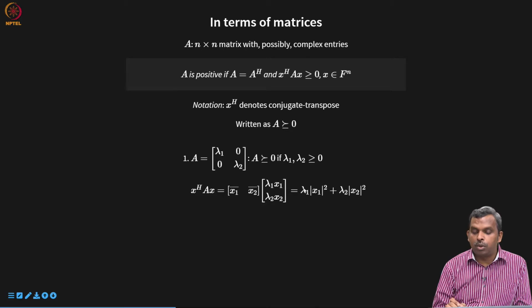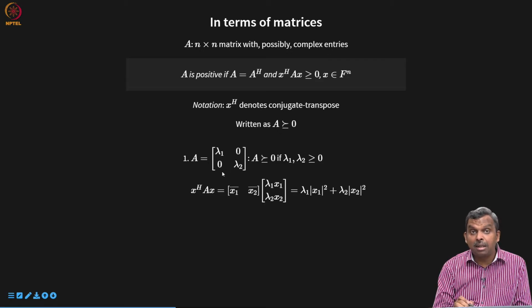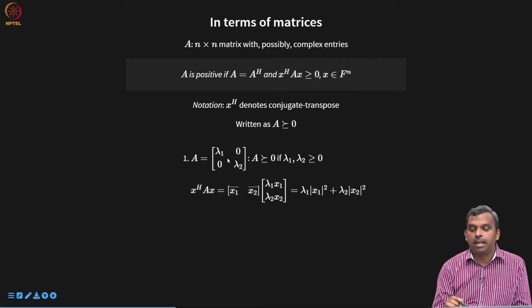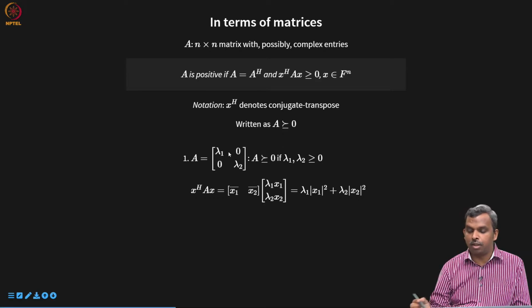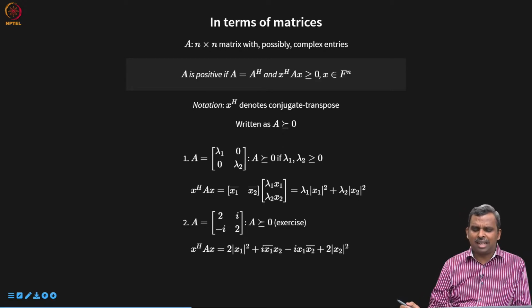You multiply this out, you get lambda 1 mod x1 squared plus lambda 2 mod x2 squared. So when will a diagonal matrix like this be positive? If lambda 1 and lambda 2 are real and non-negative. In that case A represents a positive operator. So this is a simple, nice enough example. But look at this guy.